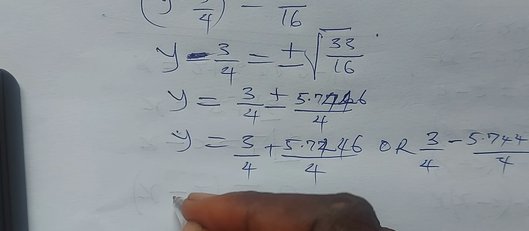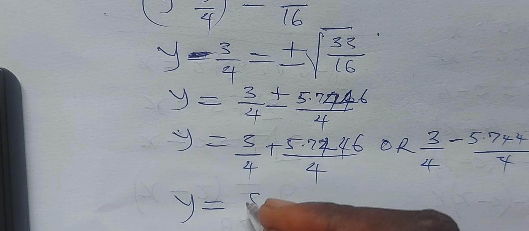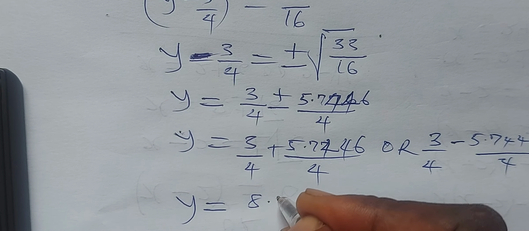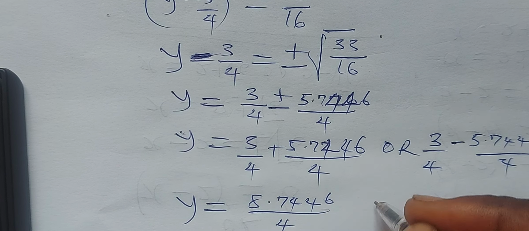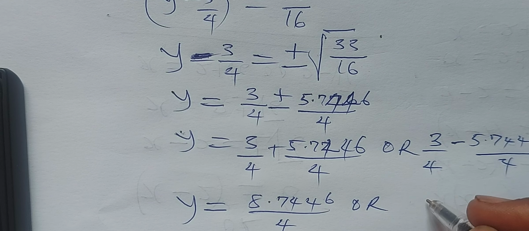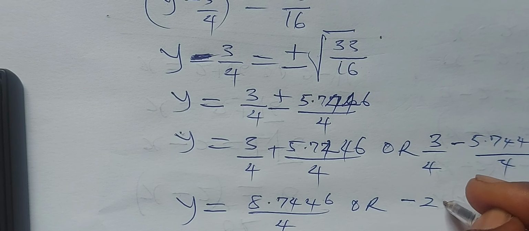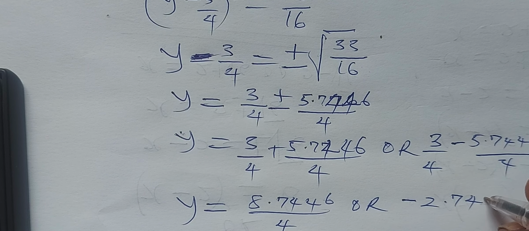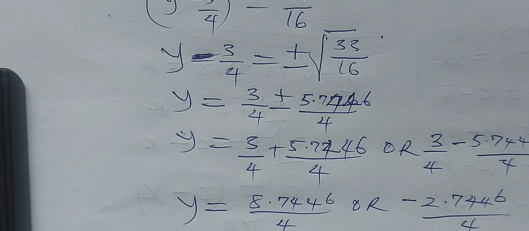So if you do your calculation, you now have 8.7446 over 4, or 3 minus 5.7446, you have minus 2.7446 over 4. So your answer will be this.